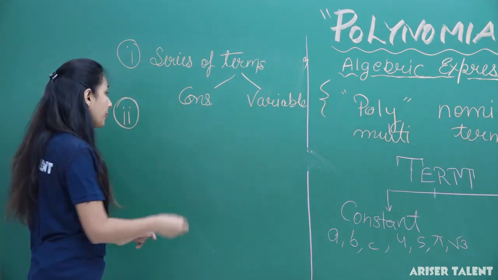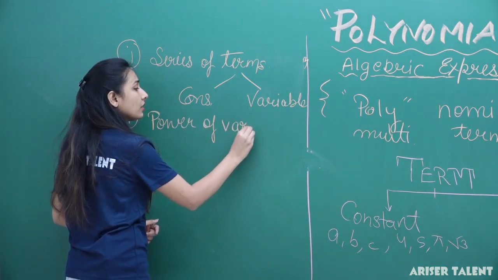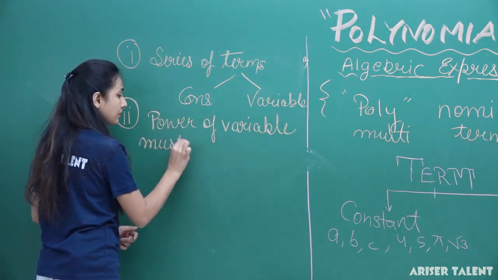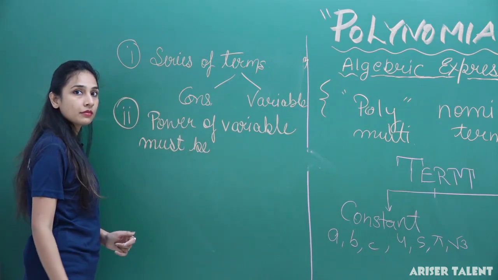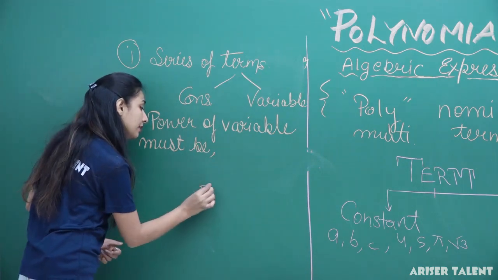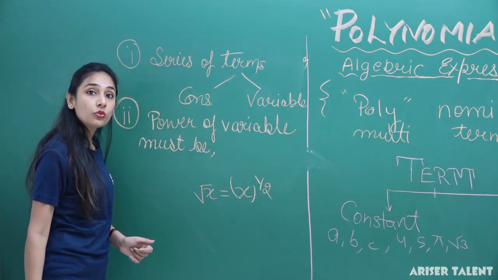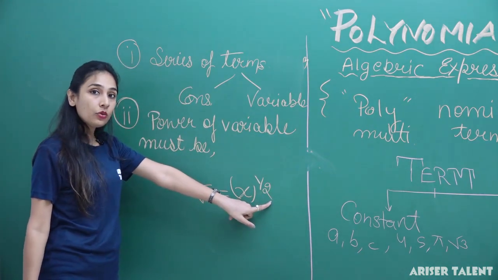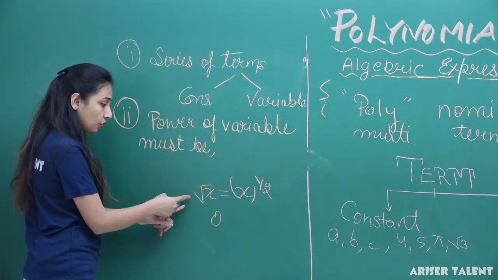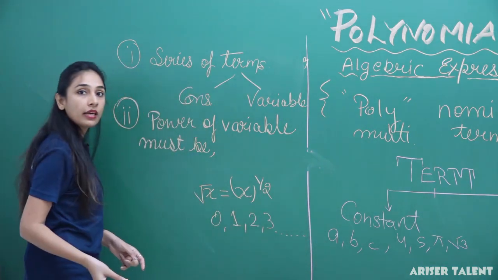the power of a variable must be a whole number. This was what? x to the power 1 by 2. But we can have only 0, 1, 2, 3 and so on as the powers, as in the example I have given you.